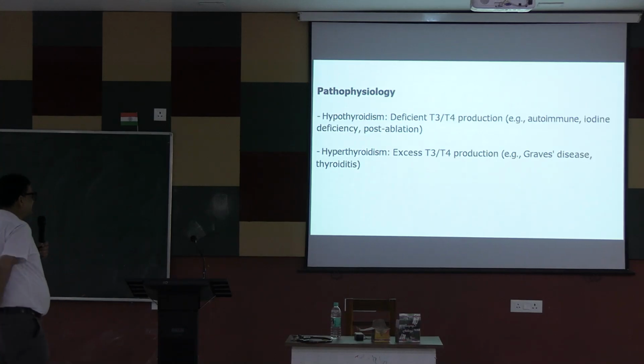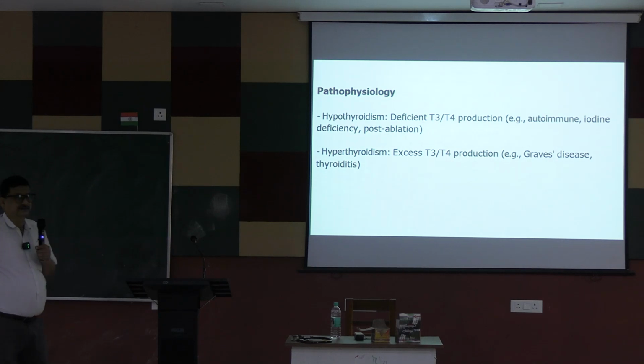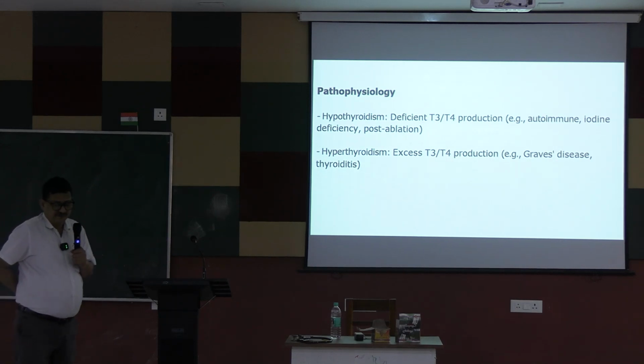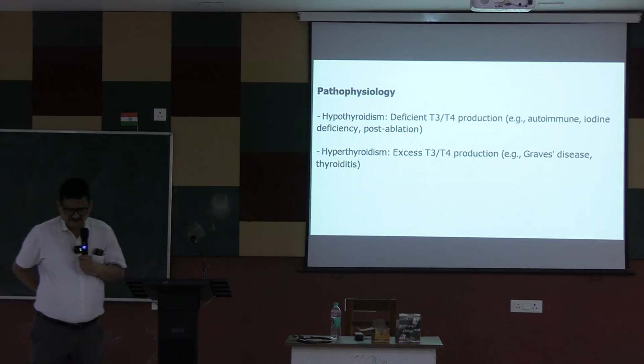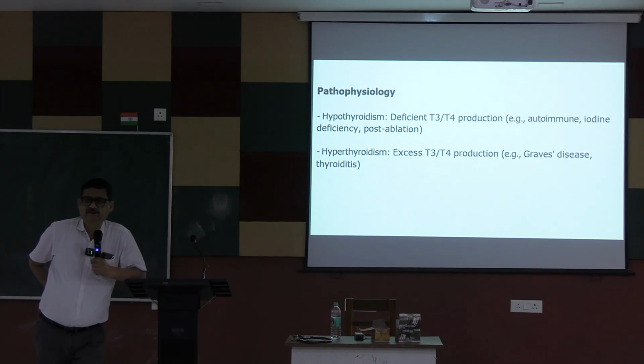Now hypothyroidism is a deficiency in T3 or T4 production. What is the basic organic structure of T4? Any idea? Have you gone through it in physiology or biochemistry? Two tyrosine rings bonded with an ether bond.